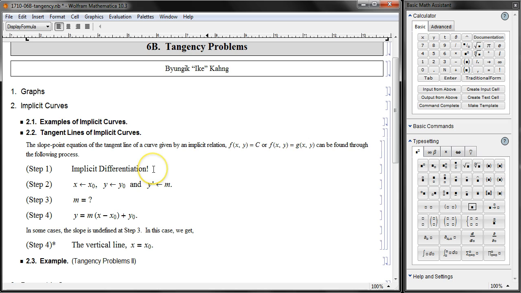We have to find the derivative through implicit differentiation, and then we have to plug in numbers. y prime is going to be my slope, and that's going to be my m value when evaluated. So we have the slope-point equation like that. x0, y0, those are given usually. And in an exceptional case, when m is undefined, we're going to have a vertical line, x equals x0.